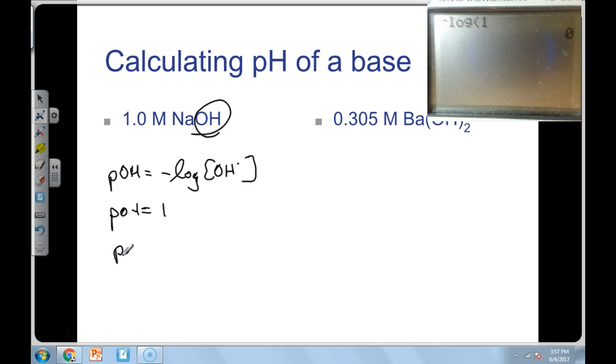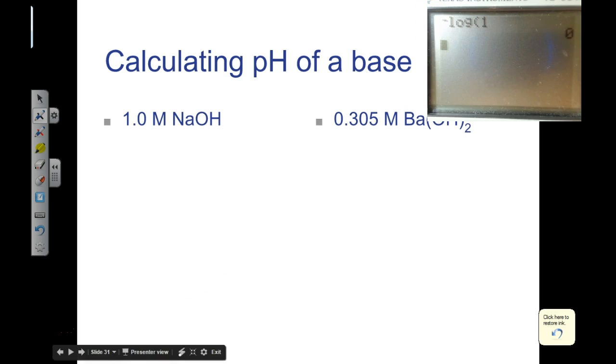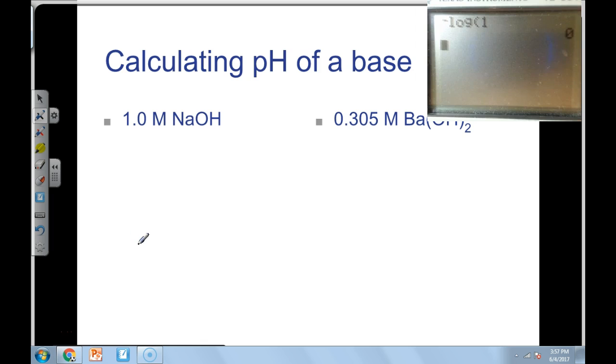And I know that 14 equals pH plus pOH. So that means that the pH equals 14.